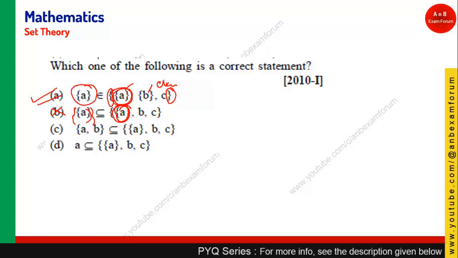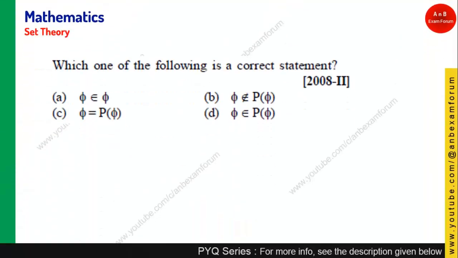AB is a subset of this particular set. B is a member of this particular set, but not A. If you have A with braces, then it is a subset of this. Then the single element A is not a subset of it. So that's why all these are incorrect. So option A is the right answer.